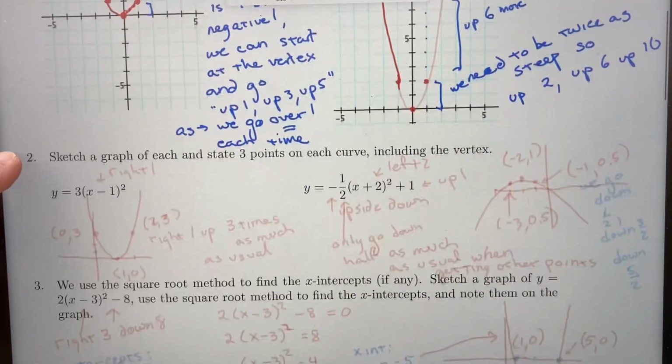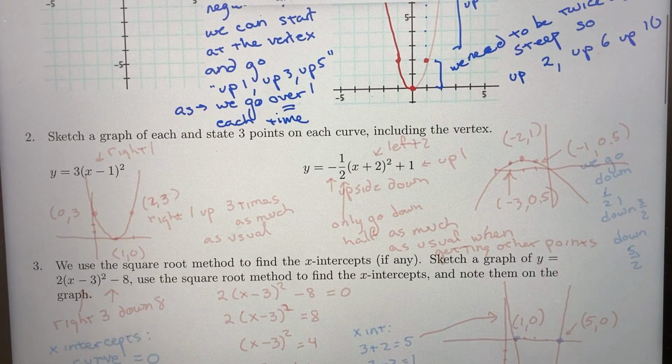Okay, so for sketching purposes, if I just want to know where some of these points are, it's not too bad. We can use the original thing, says it's right 1. So then we go and we plot that point at right 1. So 1, 0. And then we go up 3 times as high.